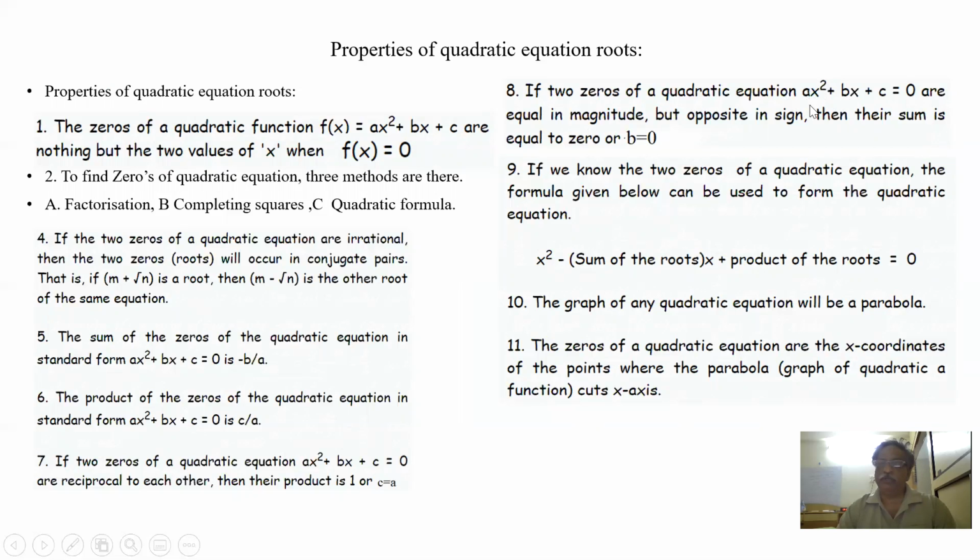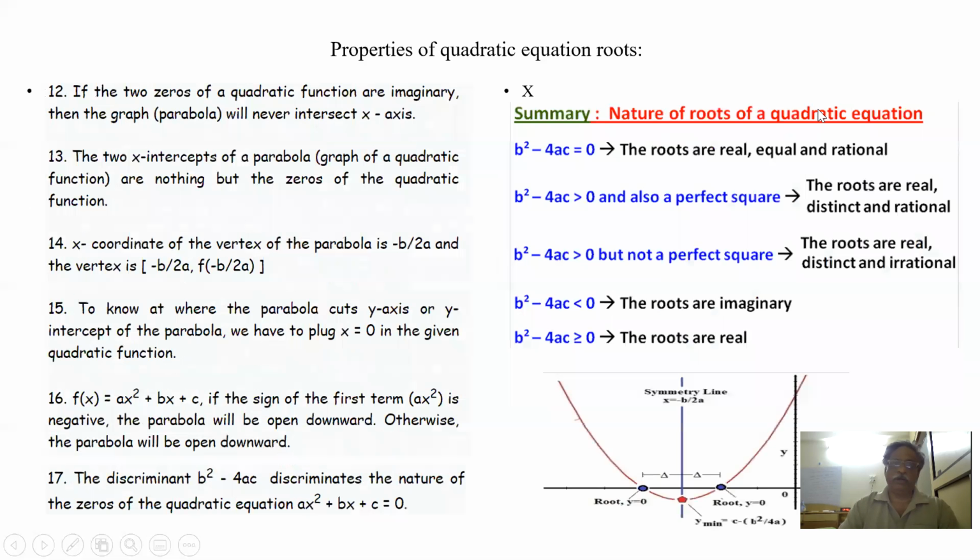At minus b by 2a, the roots are equal and that represents either minimum or maximum. In this case, because a is positive, it is minimum. So the vertex of the parabola is minus b by 2a and f of minus b by 2a. This is the vertex of the parabola. The focus point will also come.